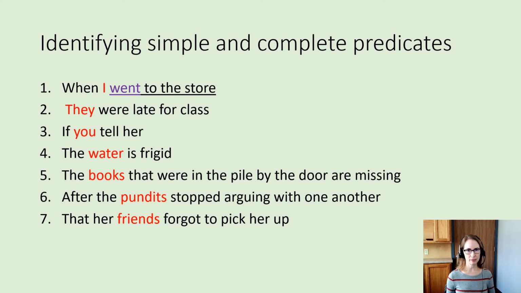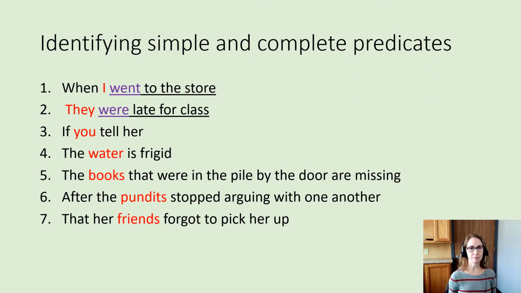Number 2, they were late for class. What's our simple predicate, or our controlling verb? It's going to be were, and the complete predicate is were late for class, because all those words work together as the predicate in the sentence to describe the action for they. I said sentence, but we're still at clauses, right?